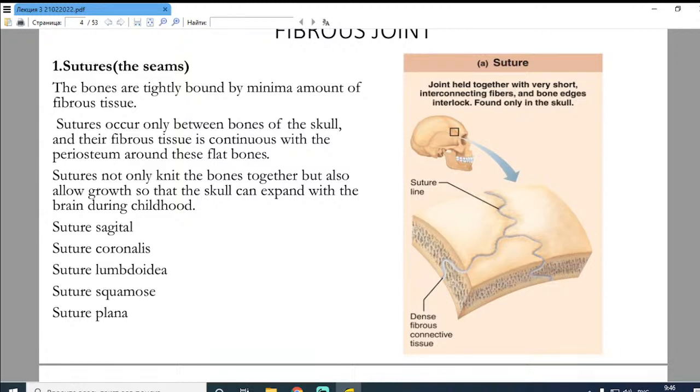Sutures occur only between bones of the skull, and the fibrous tissue is continuous with the periosteum around the flat bones. Sutures not only knit the bones together, but also allow growth so that the skull can expand with the brain during childhood.